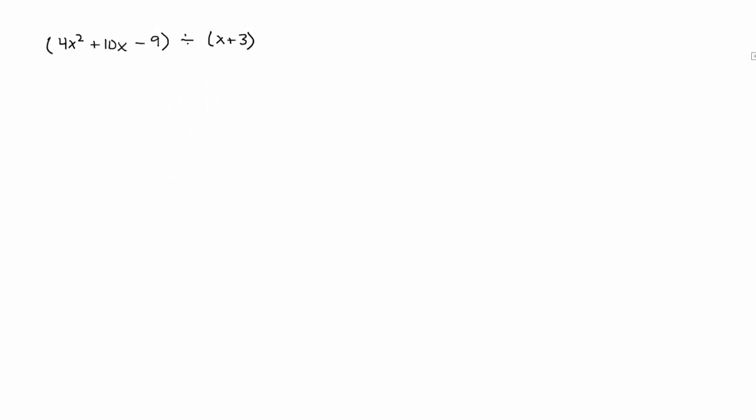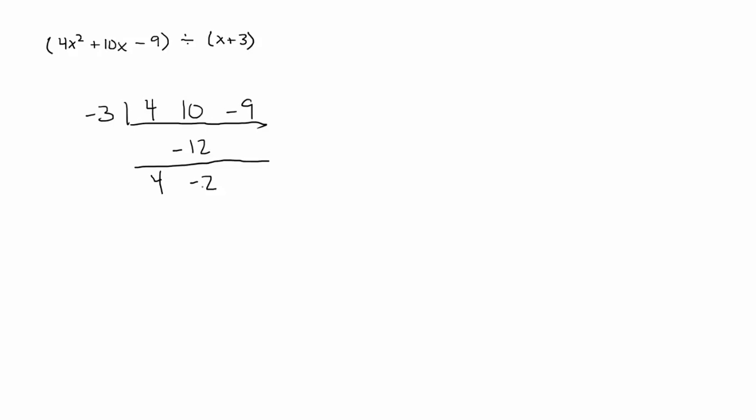And when we go to the next example, we have 4x squared plus 10x minus 9 divided by x plus 3. So the constant that makes our divisor 0 is negative 3. And then we're going to go ahead and put our coefficients inside. So 4, 10, negative 9. Draw our bottom line and carry our number down. And now we have negative 3 times 4 is negative 12. Plus 10 is negative 2.